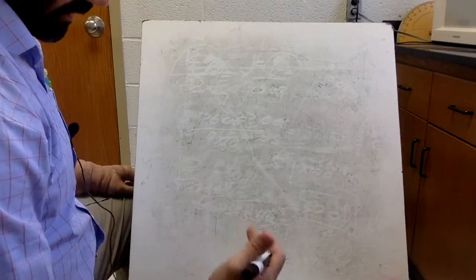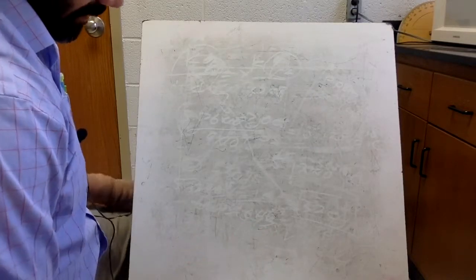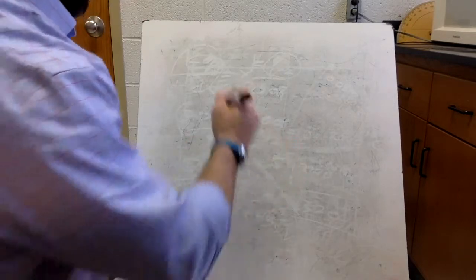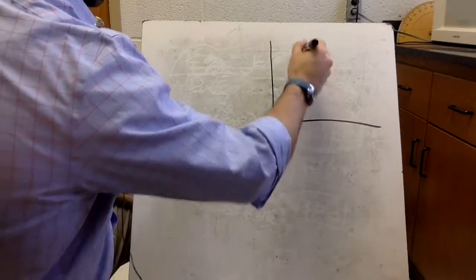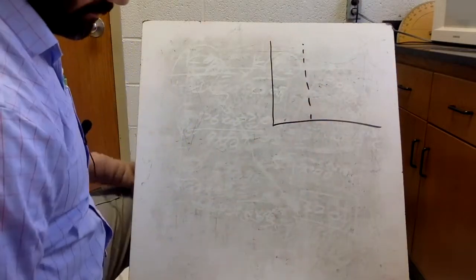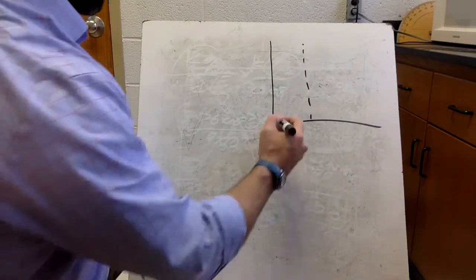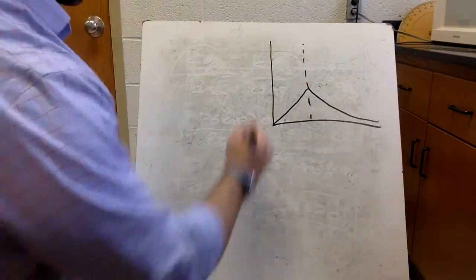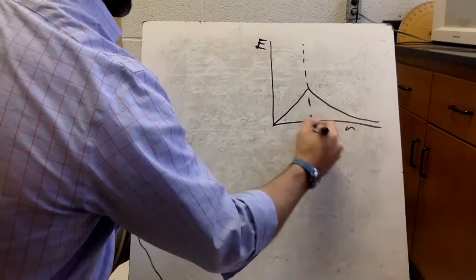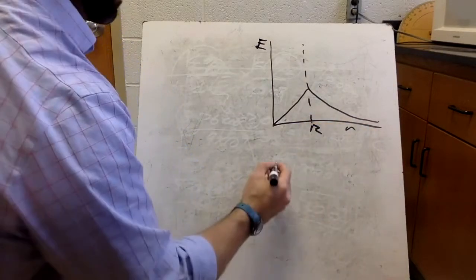So here's the electric field due to a uniformly charged spherical insulator. We know it looks like this. This is the electric field, and that's R. This is big R here.